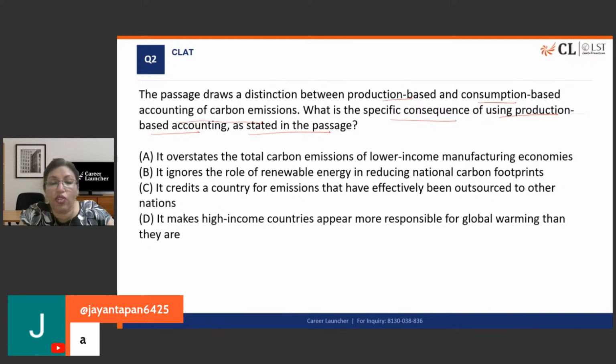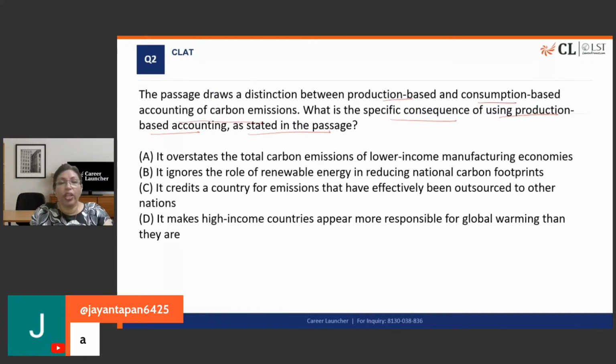It ignores the role of renewable energy in reducing national carbon footprints. It credits the country for emissions that have effectively been outsourced to other nations. It makes high-income countries appear more responsible for global warming than they actually are. Which of these is the correct answer to this question?